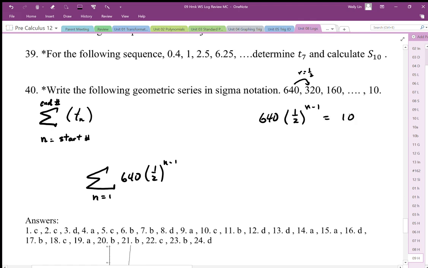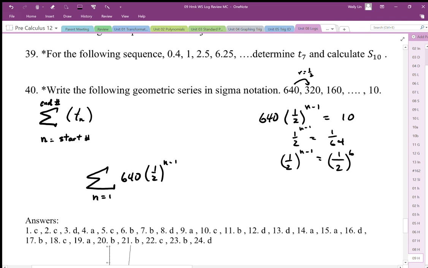So if we end up at 10, we're going to end up with 1/2 to the power n minus 1 is equal to 1/64, and if we want to rewrite this in exponential form, we get 1/2 to the power n minus 1, and this becomes 1 over 2 to the power 6.